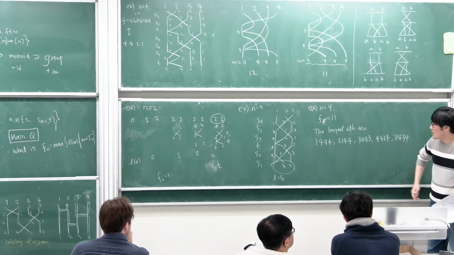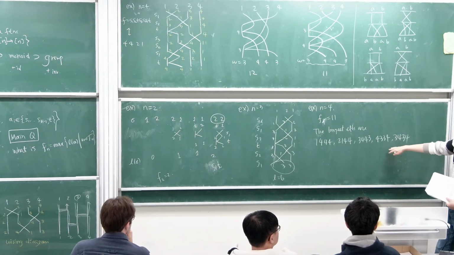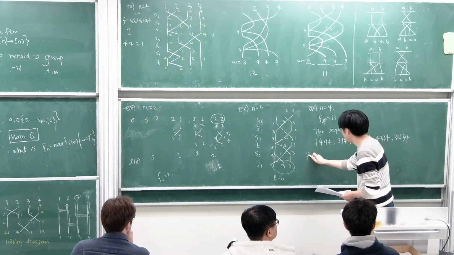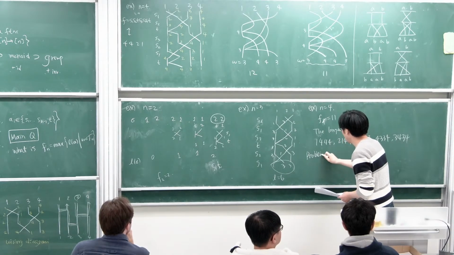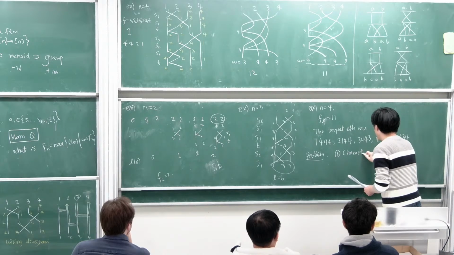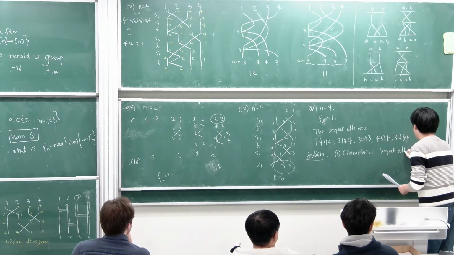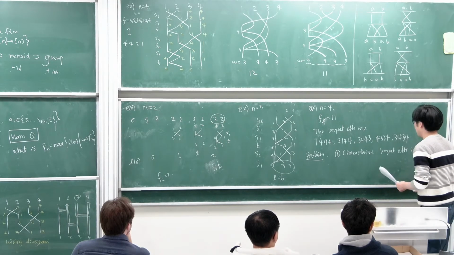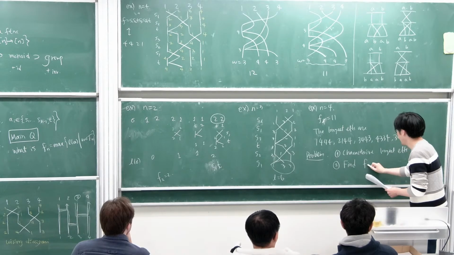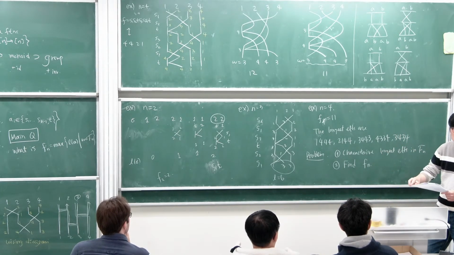So these are 5 elements that have length 11. So it's not really clear what the longest elements are. So the obvious problem is to first characterize the longest elements in Fn and find the length. So these are the questions that we were interested in.